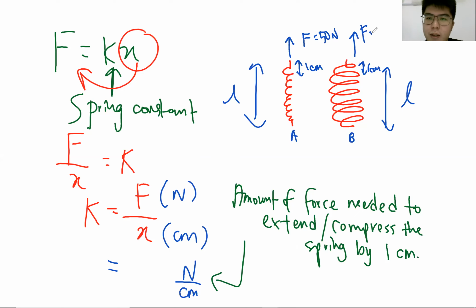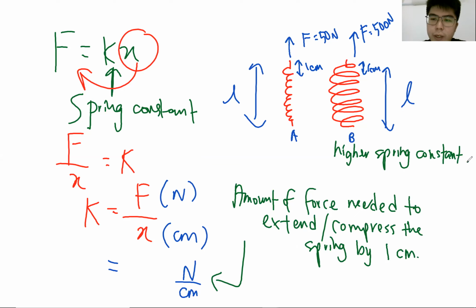So maybe I need 500 newtons. Notice that for both springs I extend by 1 cm, but the second one requires a larger force, meaning that spring B has a higher spring constant. In other words, it requires a higher amount of force to extend the spring by 1 cm compared to spring A.